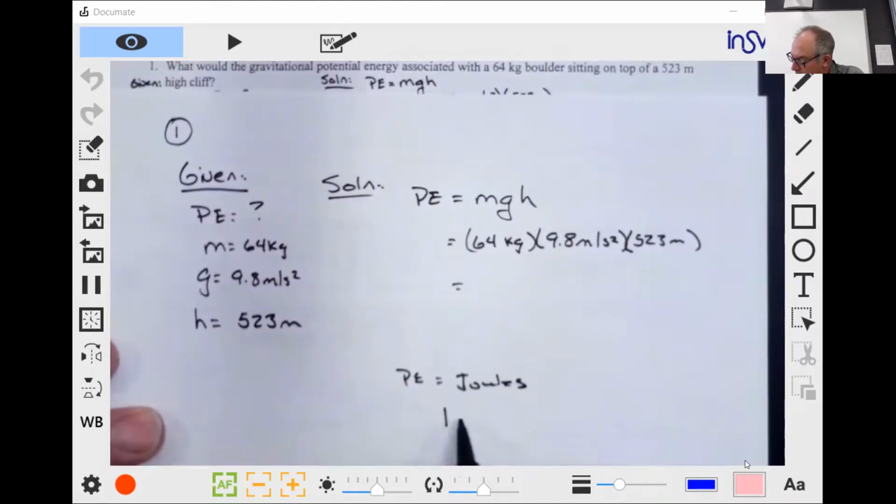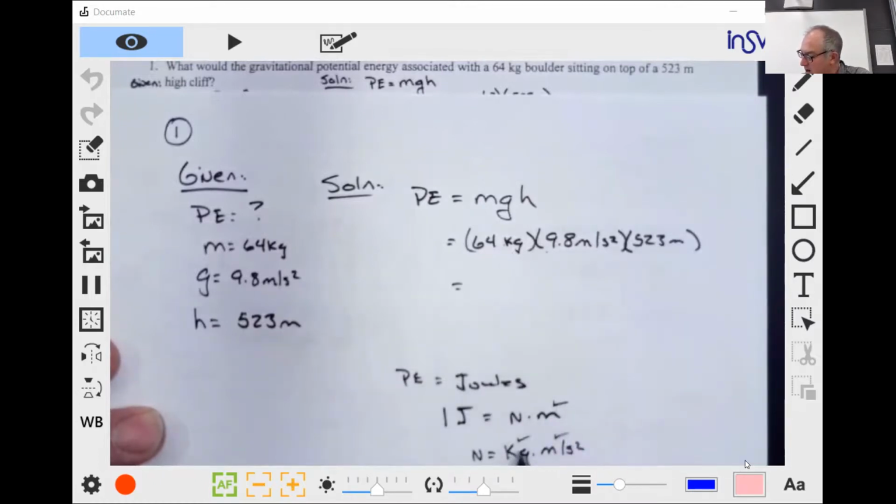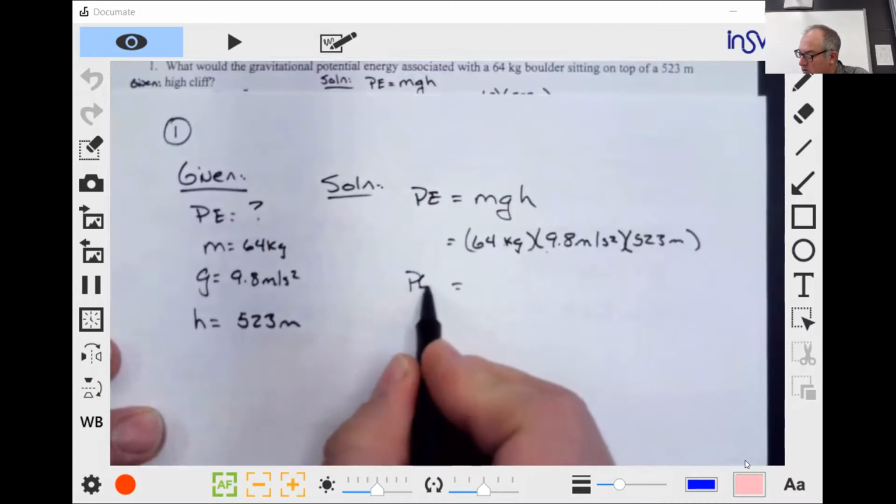And a joule is equal to a Newton meter. And a Newton is equal to kilograms meters per second squared. So if I want to check real quick that I have all the right units, I have kilograms, I have meters per second squared, and I have a meter. And those combine to make a Newton. So I have all the right units, everything's going to work out.